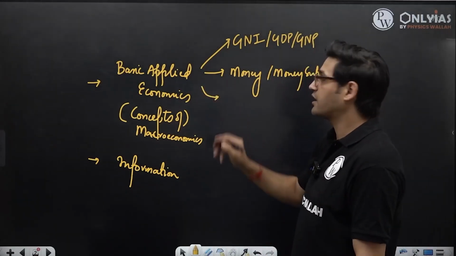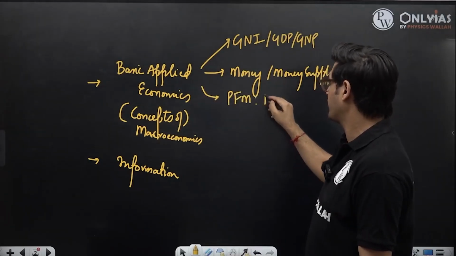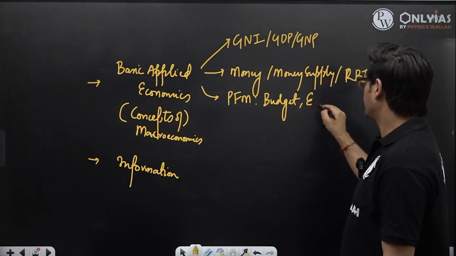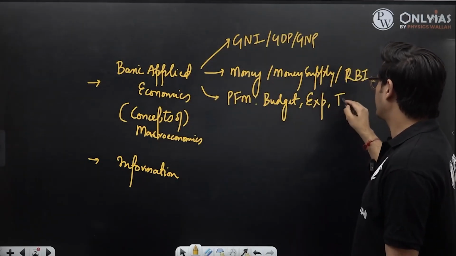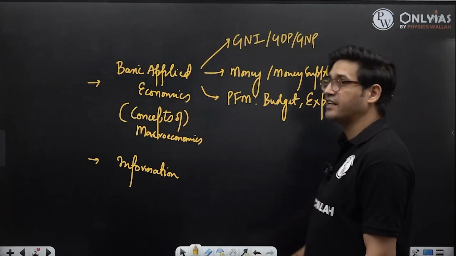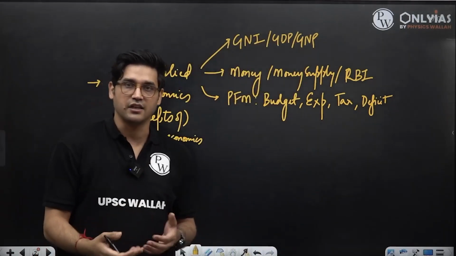Thereafter, the underlying concepts will be, like I said, public finance management. Here we will have to talk about budget, we'll have to talk about the expenditure policy of the government, the taxation policy of the government, and how does the government finance its deficits when its expenditure exceeds its income.